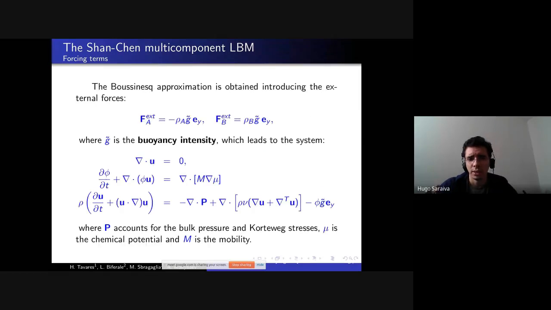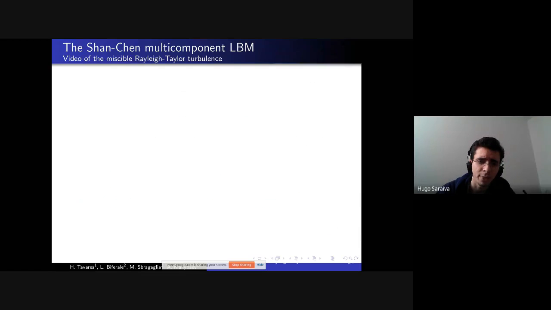In the Shan-Chen multi-component model, using an appropriate external force scheme, you can obtain the Boussinesq approximation for the system. You have the compressibility condition, the Cahn-Hilliard equation, and the Navier-Stokes equation with a generalized pressure tensor, including the Korteweg stresses, responsible for surface tension in the immiscible case.